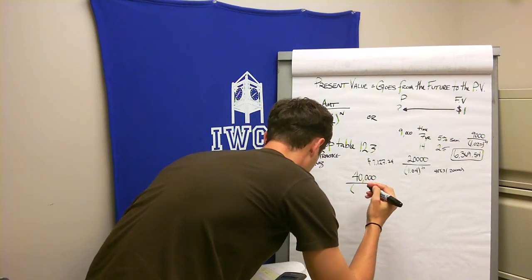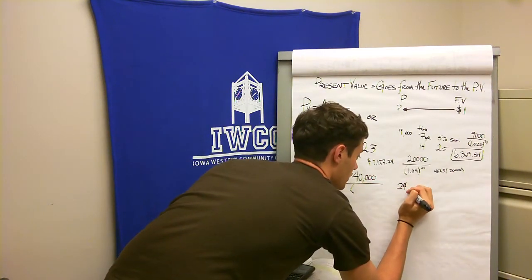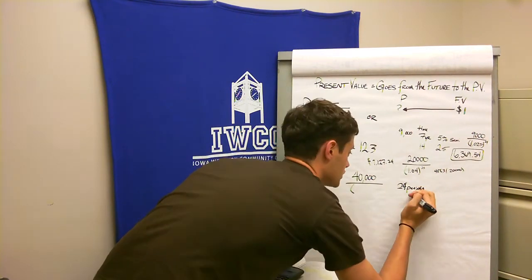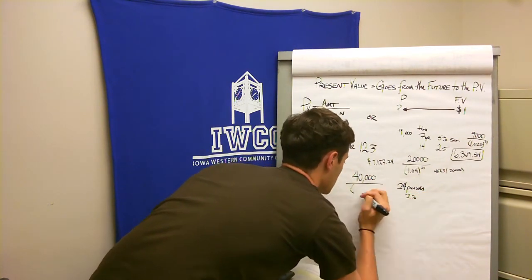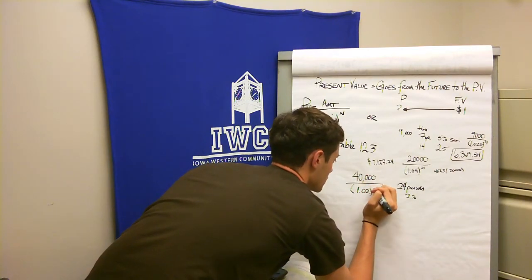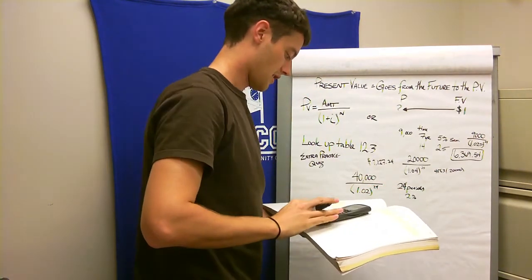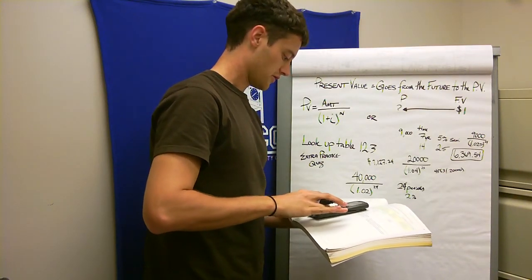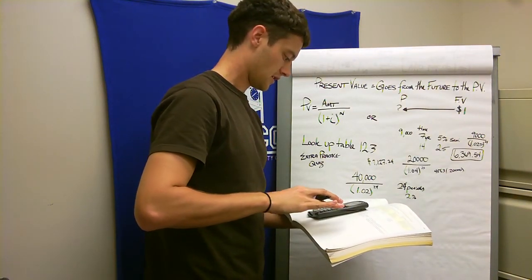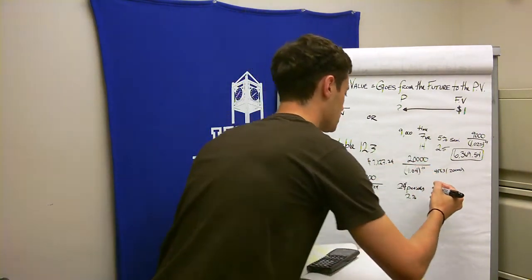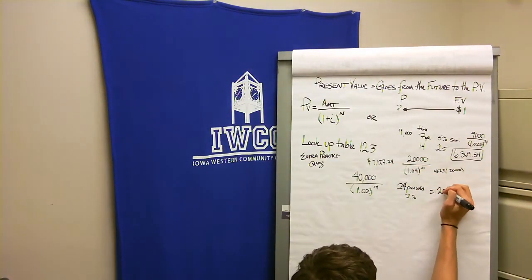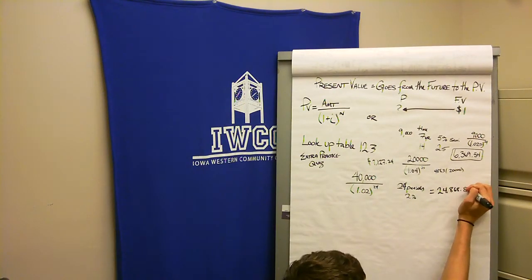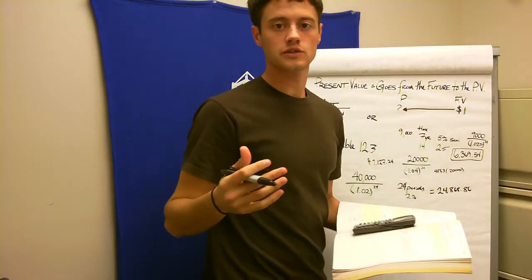So quarterly, I'm going to have 24 periods, and I'm going to have 2% per period. So 1.02 to the 24th, so 40,000 divided by 1.02 to the 24th gets me he needs $24,868.86 today.